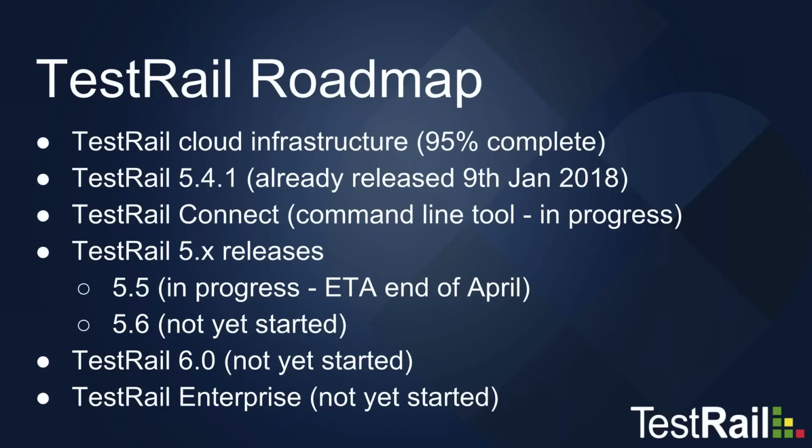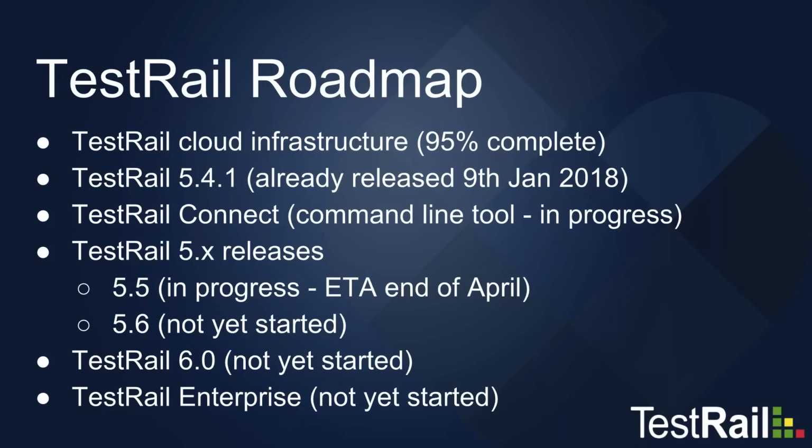We'll also be providing administrators with the ability to forget users from the TestRail database in order to satisfy GDPR requirements, which I know a lot of you are concerned about. And there's probably going to be a couple of other enhancements with regards to GDPR as well, and we will notify you about those in due course on the blog.